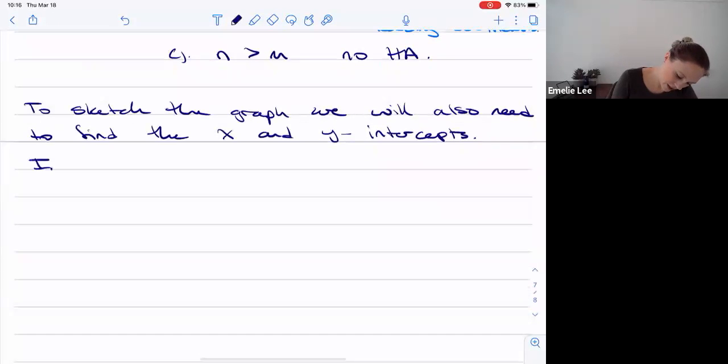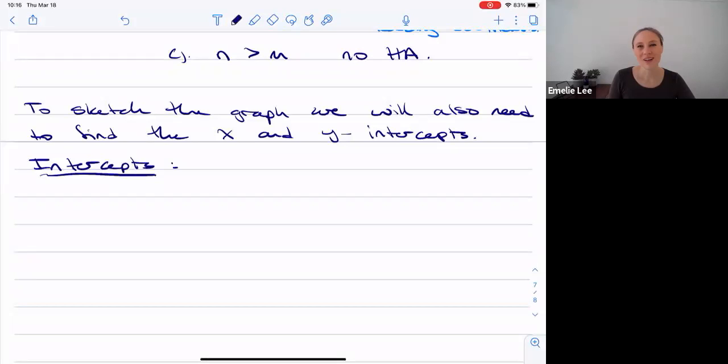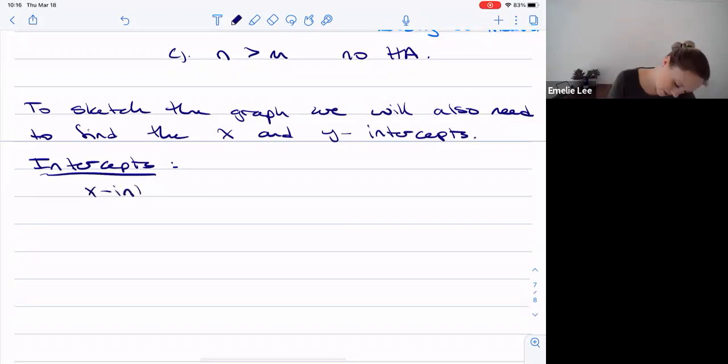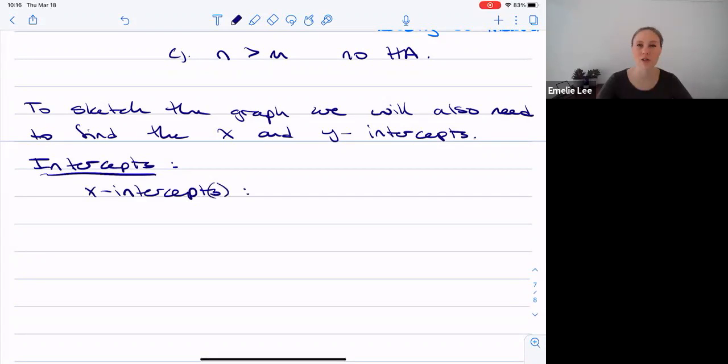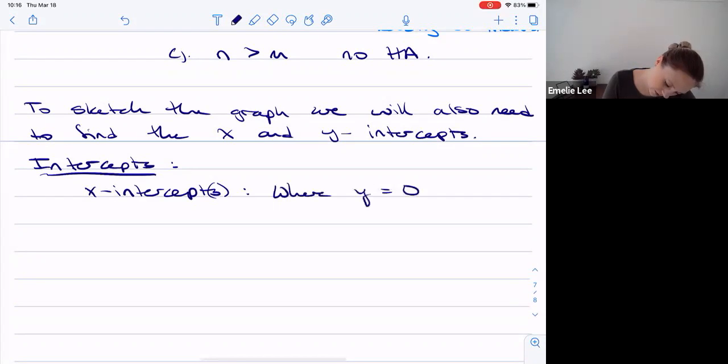So the intercepts, just as a refresher, the X-intercepts are when Y is 0. Potentially we can have more than one X-intercept. The X-intercepts we've talked about before, it's where it crosses the X-axis, right? So the X-intercept is where Y equals 0.